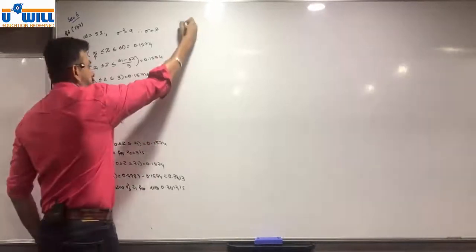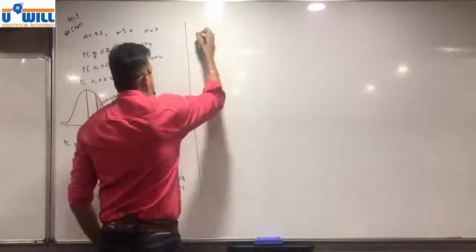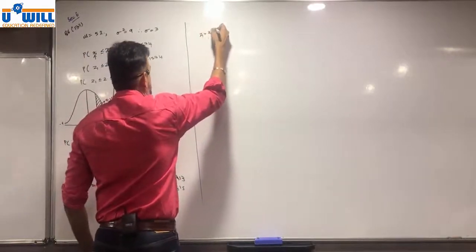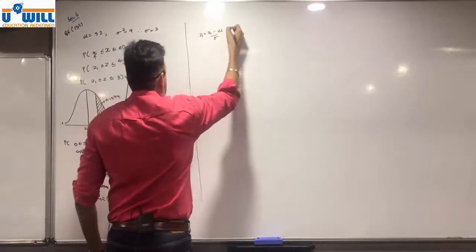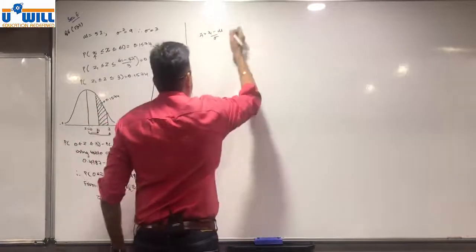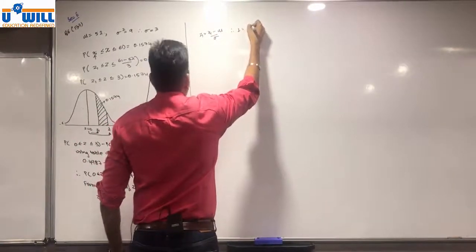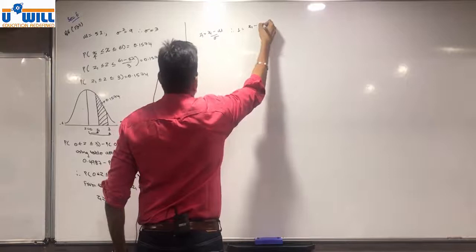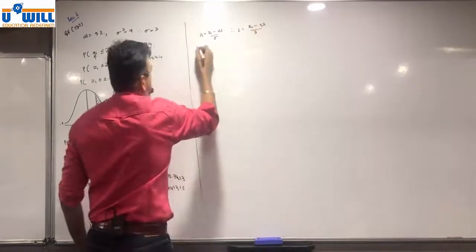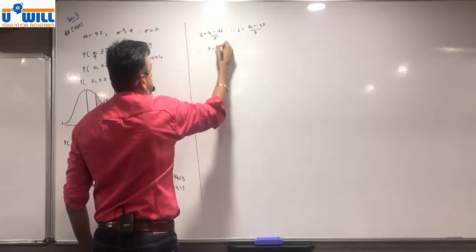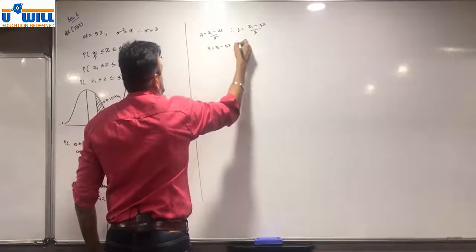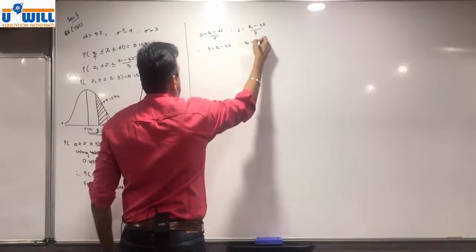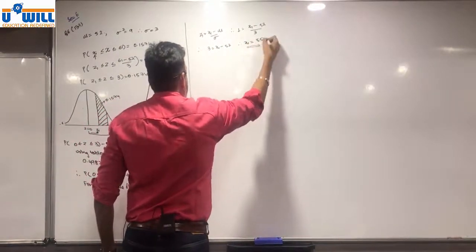We apply the equation z1 is equal to x1 minus mu upon sigma. Therefore 1 is equal to x1 minus 52 upon 3. Therefore 3 is equal to x1 minus 52. Therefore x1 is equal to 55. First answer.